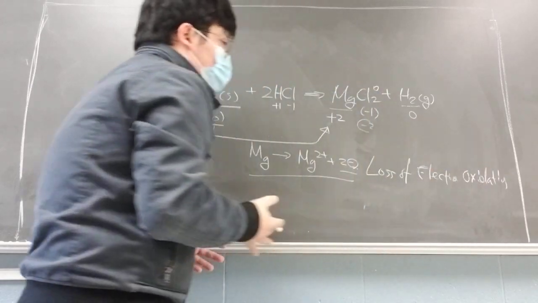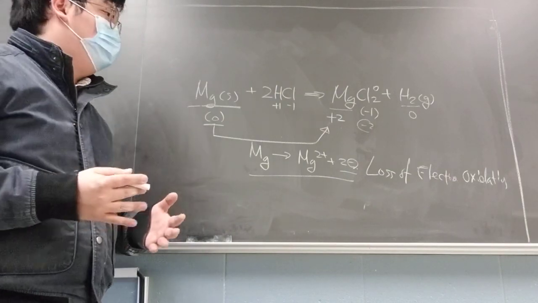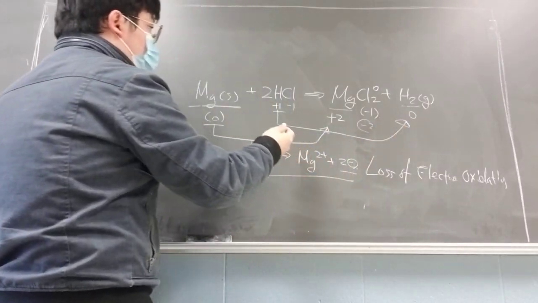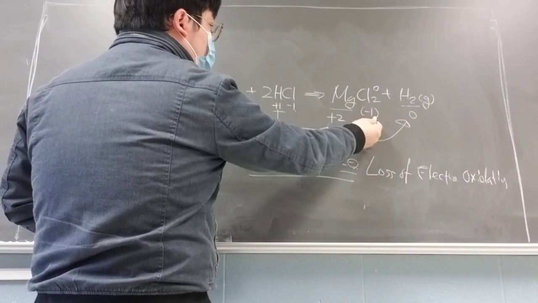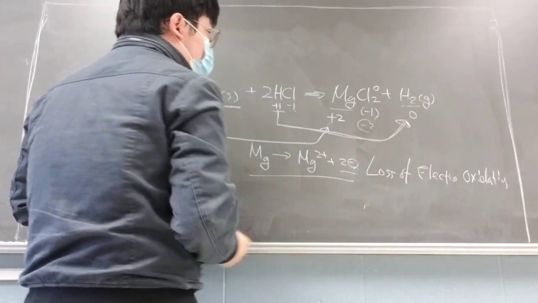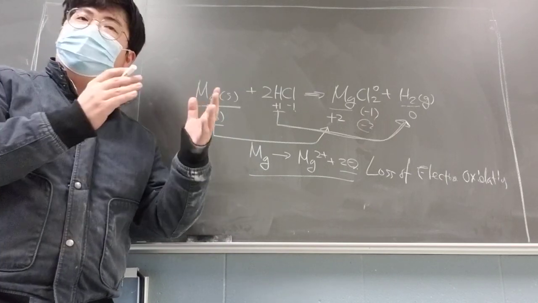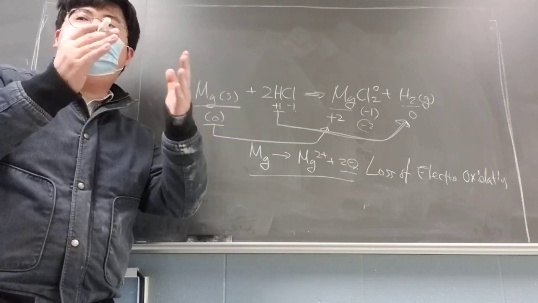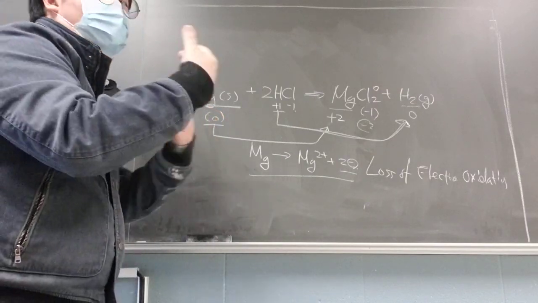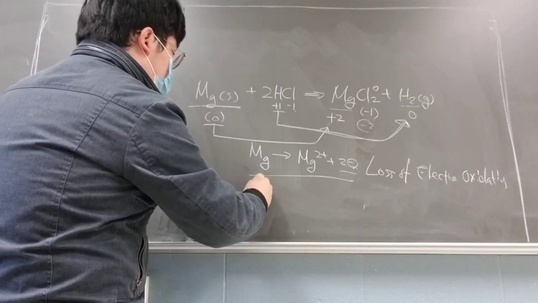That means, once again, if something is being oxidized, the other one is being reduced. Which one is it? It's this one. So chlorine stays as -1, same. But this one goes from +1 to 0. It's only possible when it gains -1. The +1 to be 0 has to gain -1, which is the same as gaining an electron, because you're getting something negative.